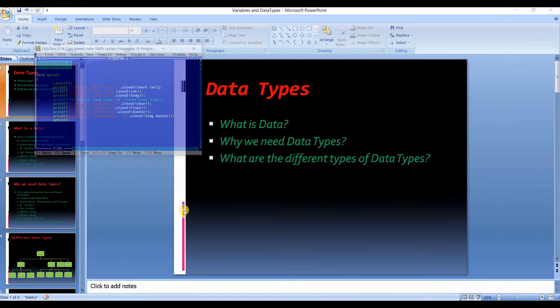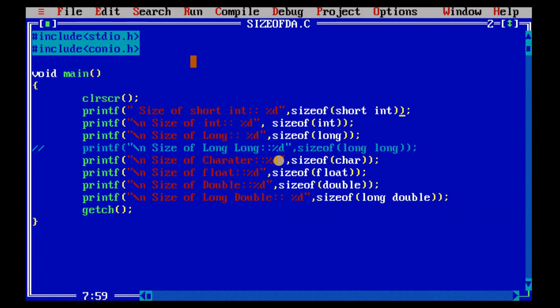In my previous session I talked about clear screen, getch, and printf. I have used only one extra operator, that is the sizeof operator, and %d, which represents the integer format specifier. If you want to print any integer value, we need to use %d.